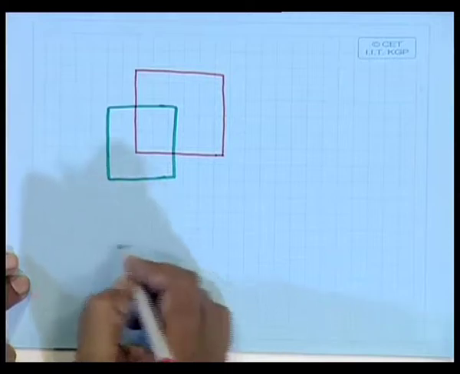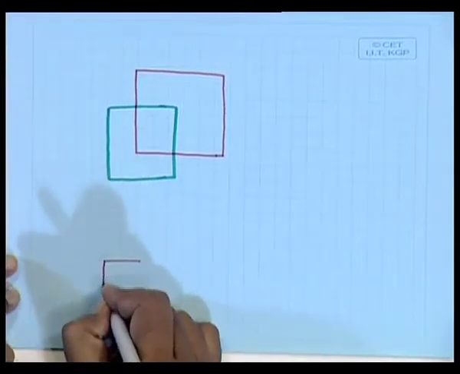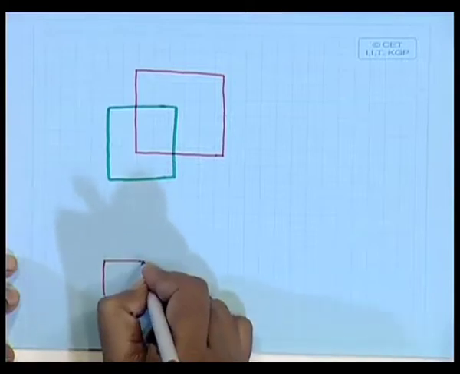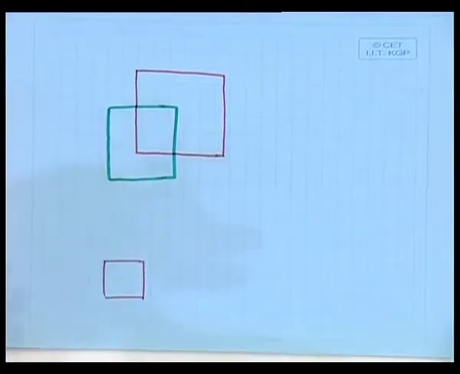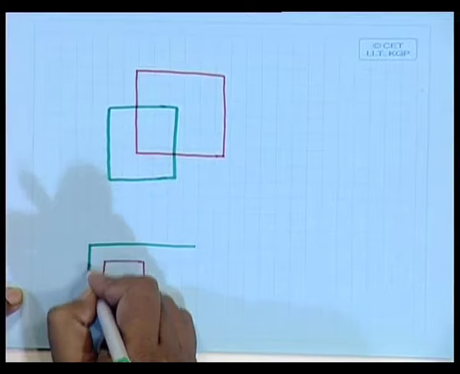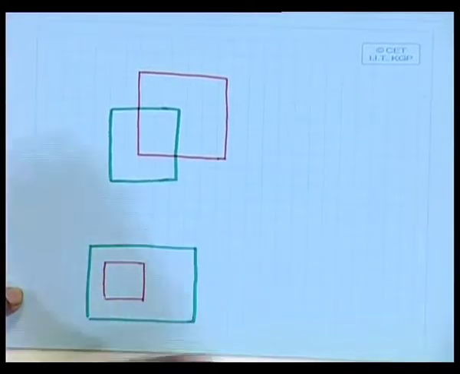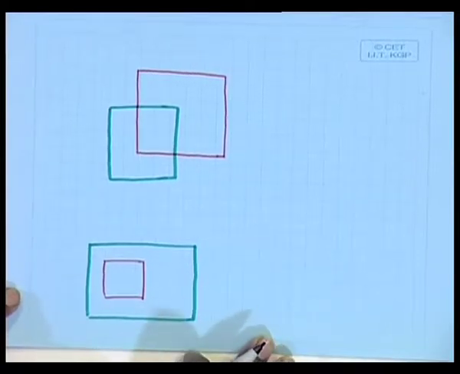Or I can have a situation something like this. I have a hyperbox of one class which is fully contained within the hyperbox of another class. This sort of situation. Okay.